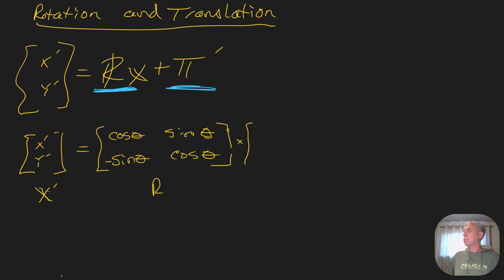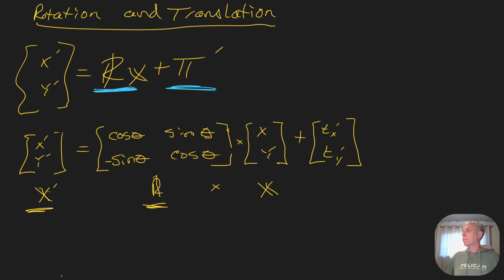So times x, y, my original coordinates, plus my translation vector, tx prime, ty prime. So that's my x prime vector, my rotation matrix, and this is my original coordinate vector plus my translation vector.